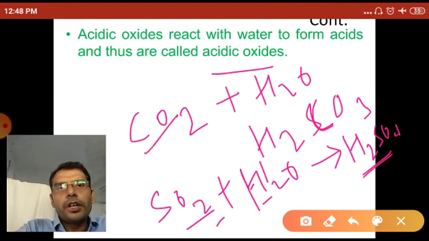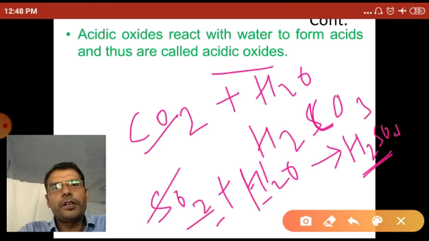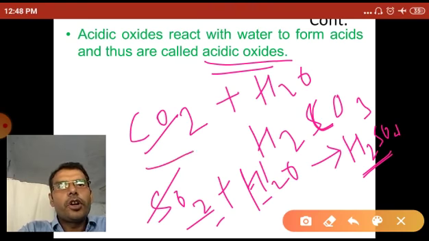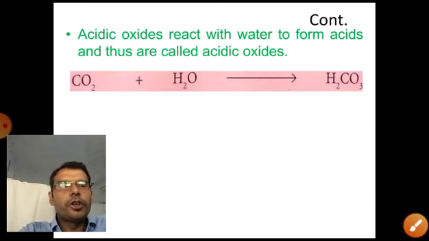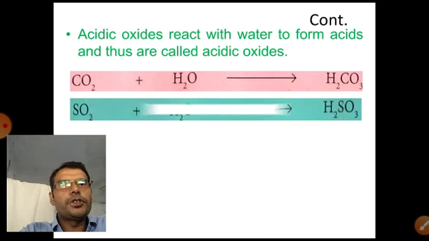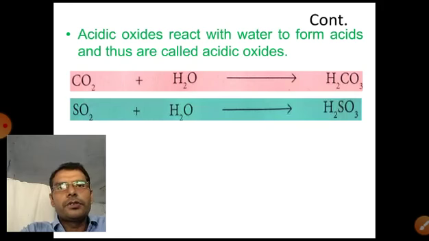So the non-metallic oxides of carbon, sulfur and phosphorus are called acidic oxides because when dissolved in water, they form acids. When CO2 dissolves in water, it forms carbonic acid. When sulfur dioxide dissolves in water, it forms an acid.